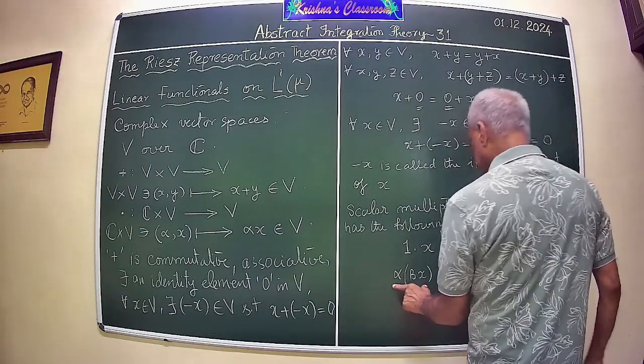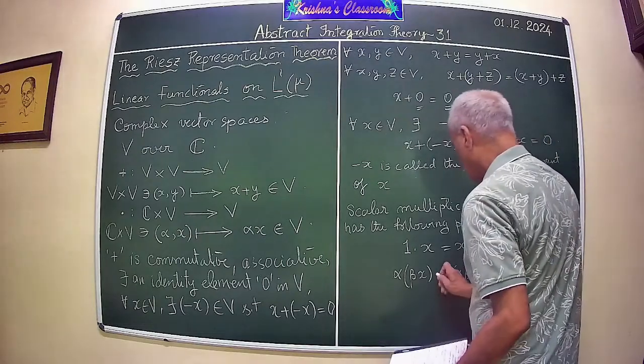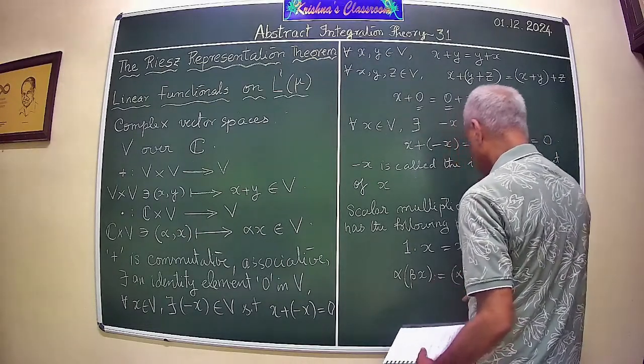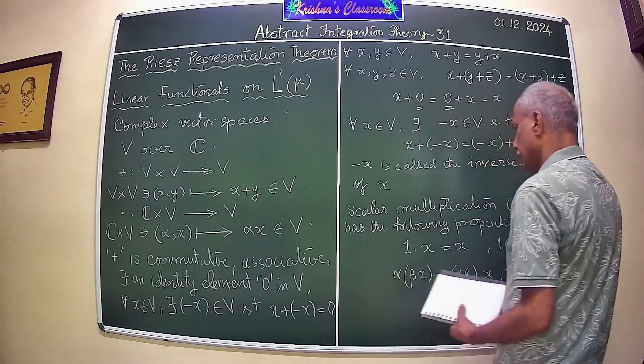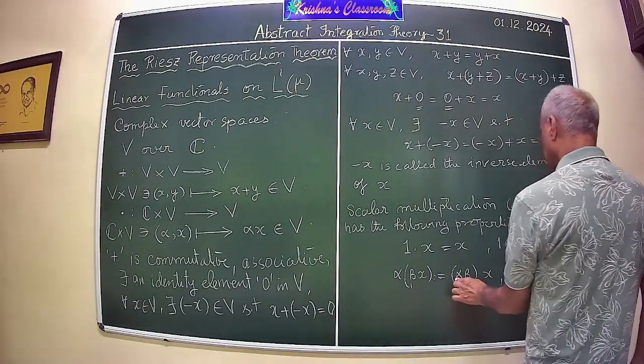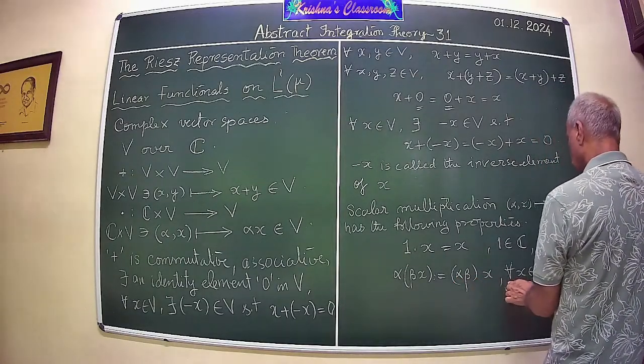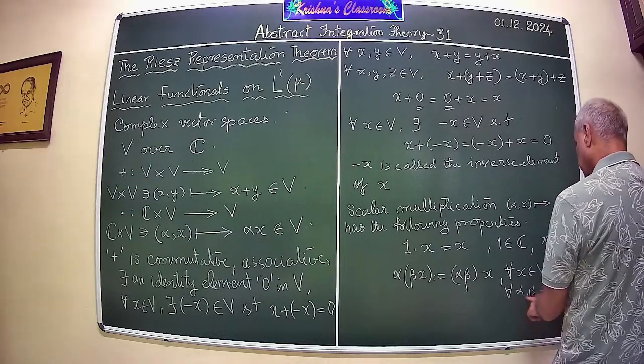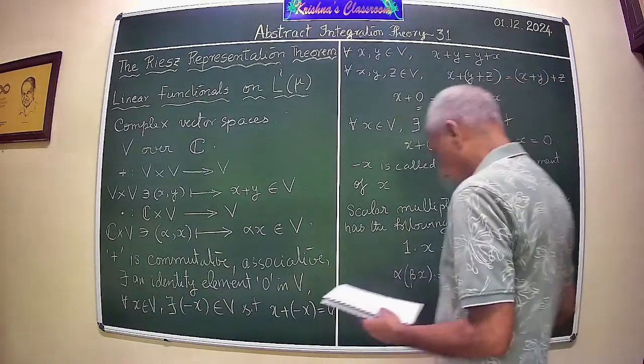What you get is essentially take alpha beta, that is the product of alpha and beta in C. This will give you a complex number that multiplies x. This is true for every x belonging to V and for every alpha, beta belonging to C.